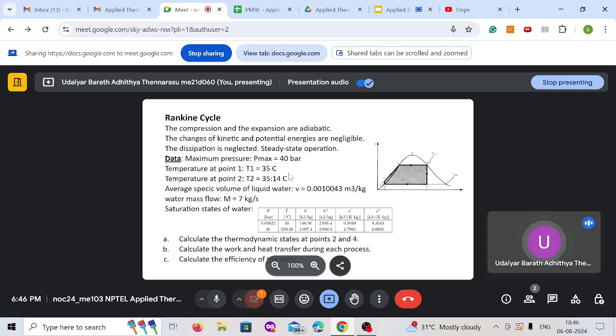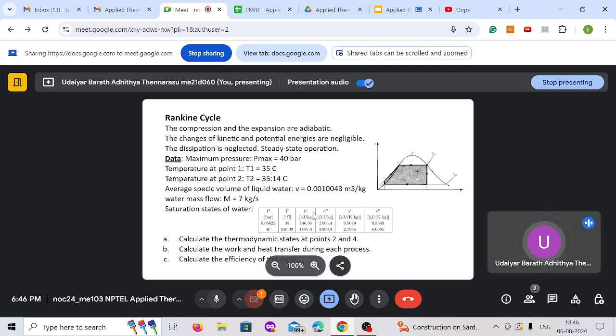And we have also been given the saturated states of water for the two pressures. So corresponding saturated liquid and saturated vapor, and the temperature corresponding to it is given, saturated temperature. So my lower pressure at 1 and 4 is 0.05622 bar, which is at 35 degrees Celsius.